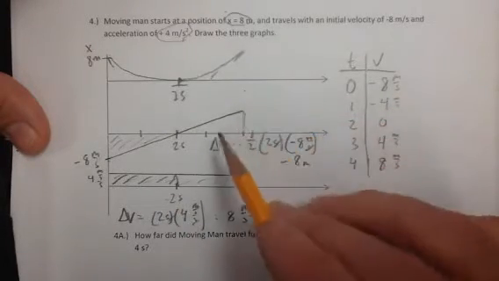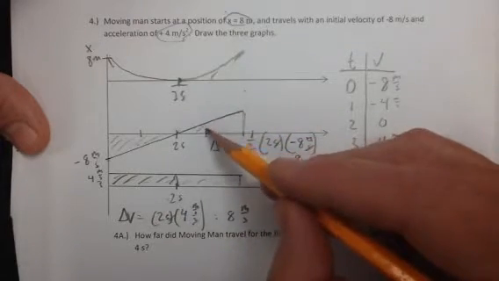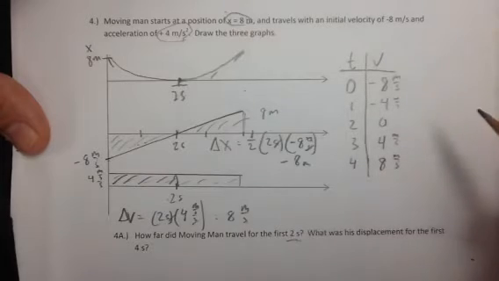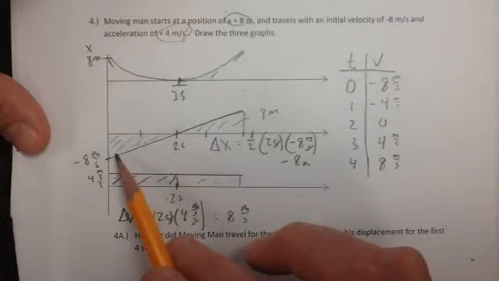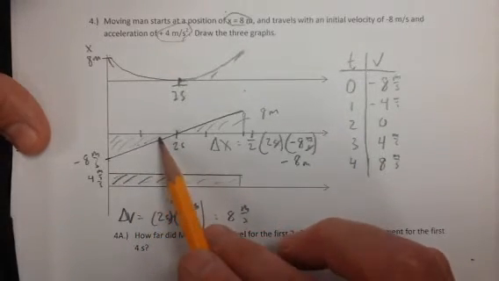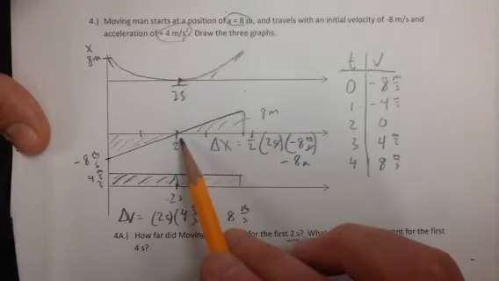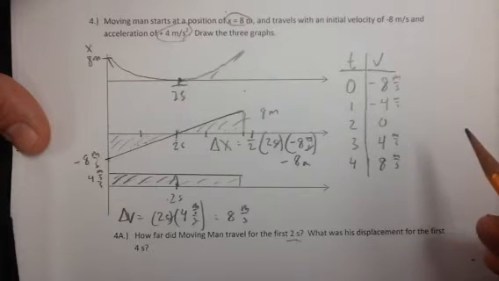This area right here is the same as that area over there, a positive 8 meters. So in the first 4 seconds, he traveled in the negative x direction 8 meters, stopped, and then traveled in the positive x direction 8 meters. Therefore, the displacement at 4 seconds would be 0.